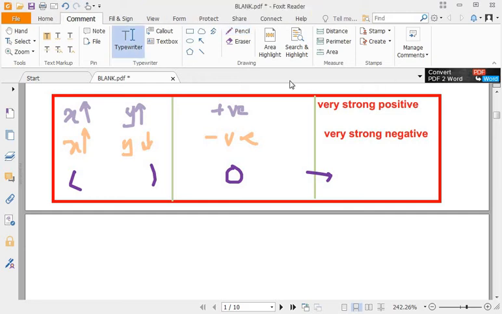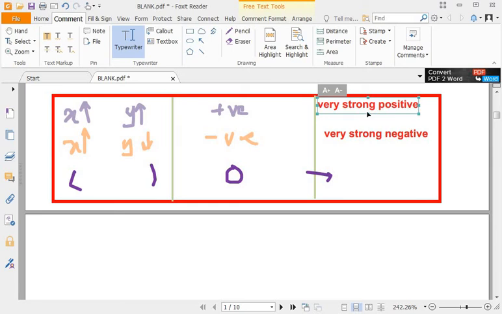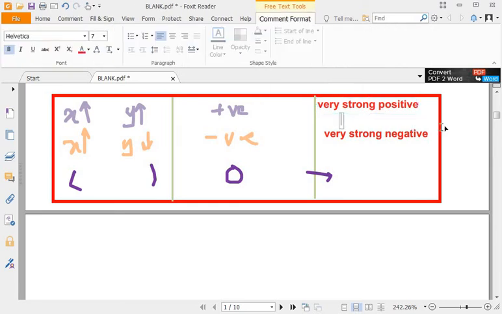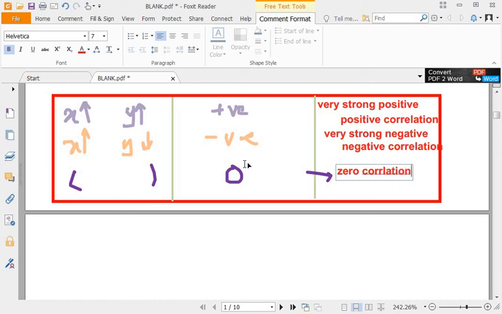So if you have the first case, you say there is a positive correlation, and in the second case you say that there is a negative correlation, and in the third case where you end up with a 0, you say that there is no correlation or 0 correlation, that is the two variables are not related to each other.